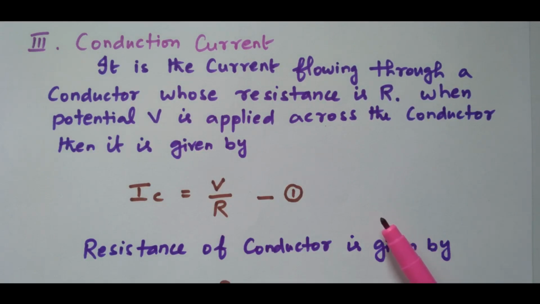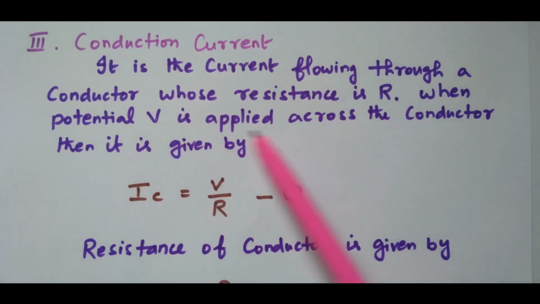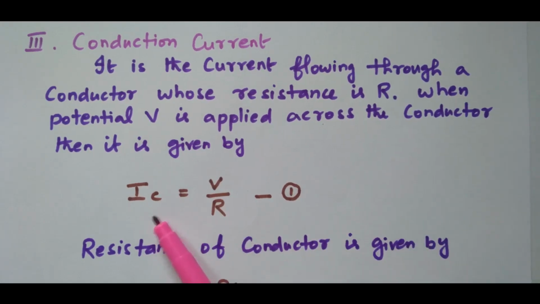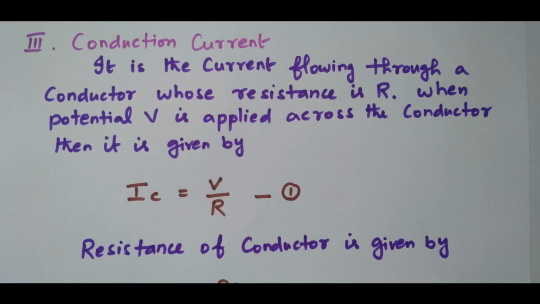If a potential V is applied across the conductor, then the conduction current Ic equals V divided by R, where R is the resistance of the conductor.